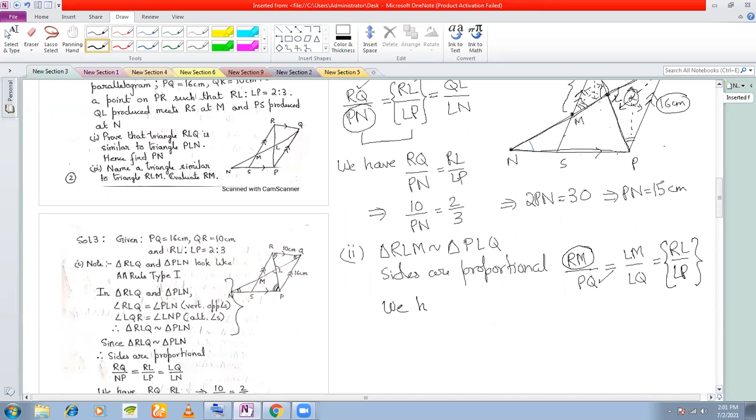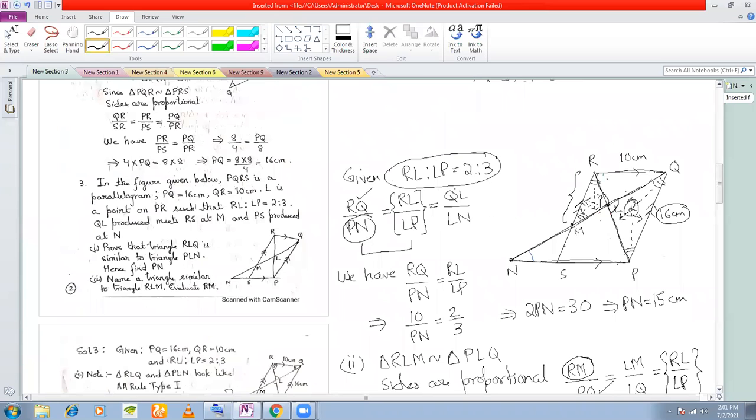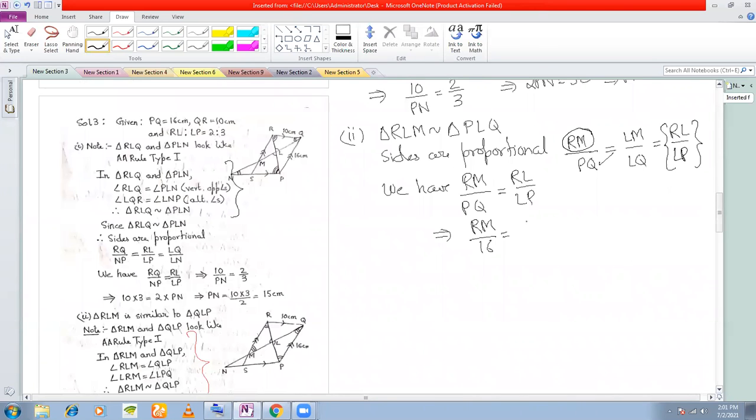So we have RM by PQ is equal to RL by LP. Now put the values. You need to calculate RM. PQ length is 16. RL to LP, the ratio is given here, 2 is to 3. So this is 2 by 3. And from here you can calculate.